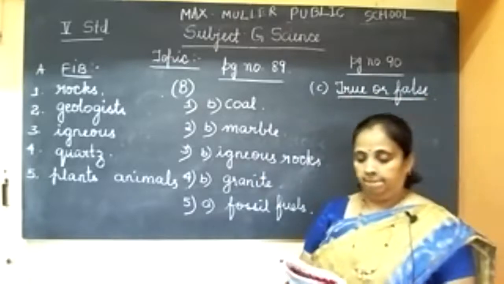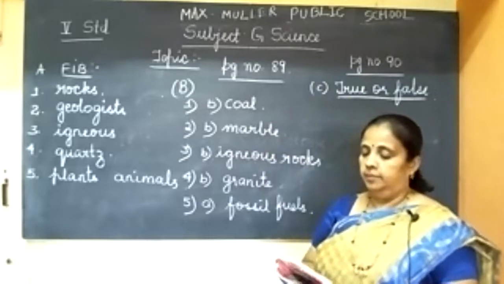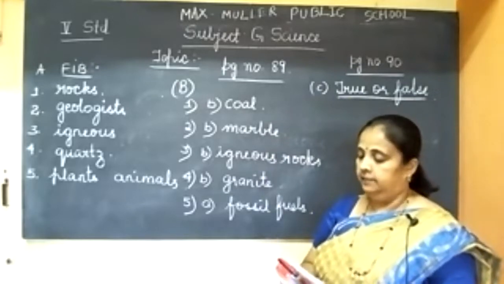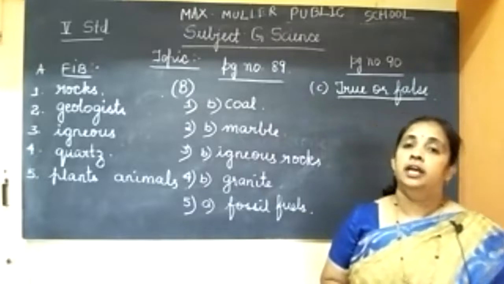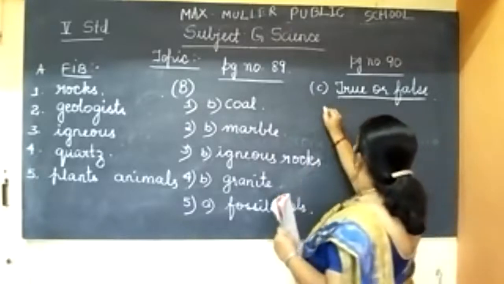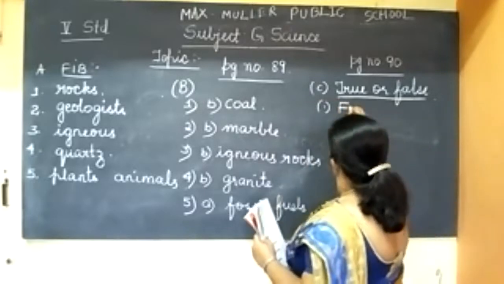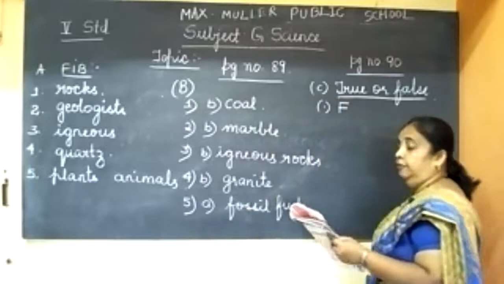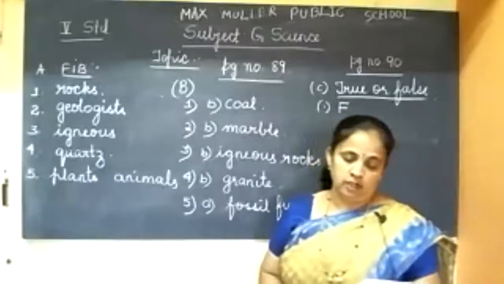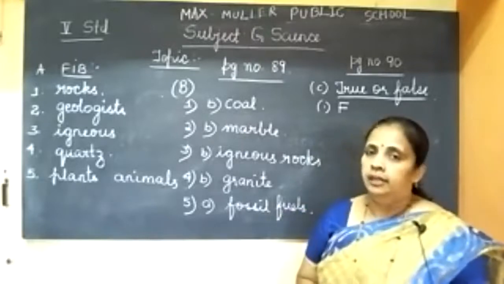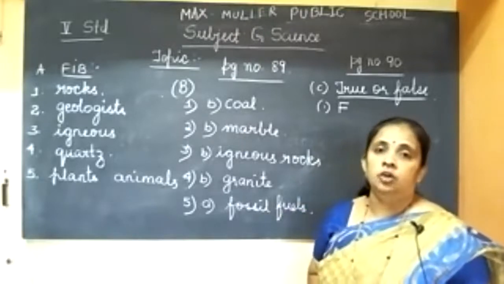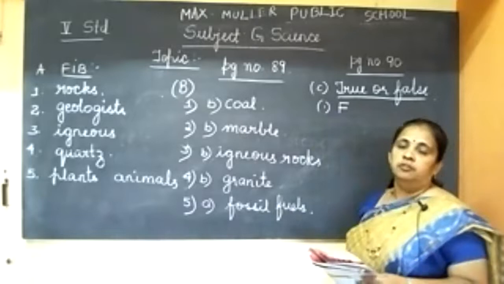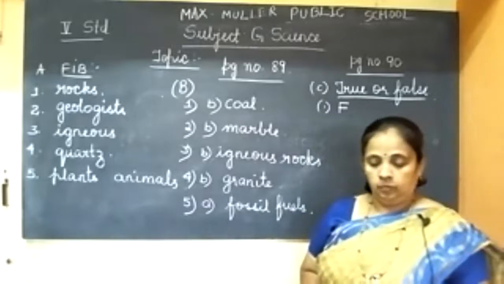First, sandstone is made up of a mineral called calcite, which is present in the shells of sea animals. So it is false. So write F. They have asked to write T for true and F for false, is it not? So that is why I am asking you to write F there. It is not sandstone, it is limestone, which is made up of a mineral called calcite.